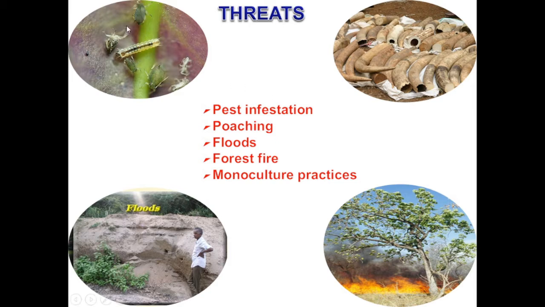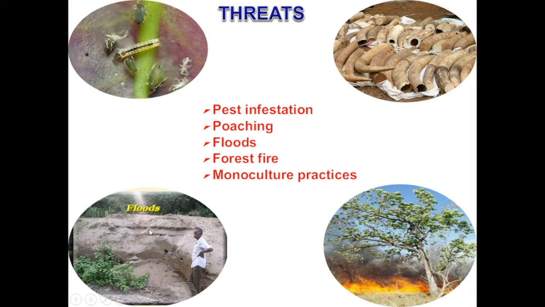When you see pest infestation, there are different types of pests that infest the trees, the agricultural crops, the forest covers, and so on, that destroy so many economically important trees and agricultural crops. Poaching is another thing that brings threat to the biodiversity.